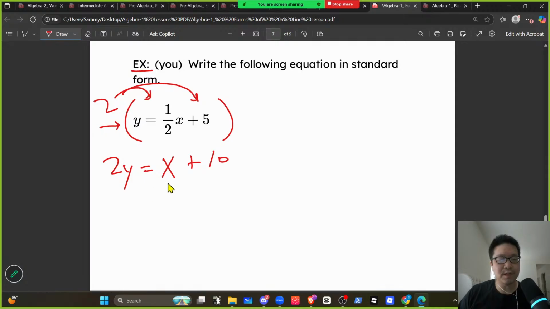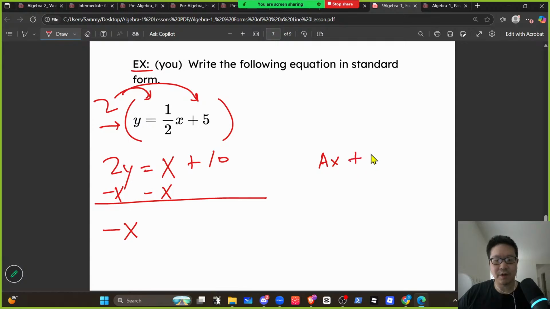Then I'm going to move this x to the left side by subtracting it from both sides, and I get negative x. Remember, the standard form wants the x first and the y second. So I want negative x plus 2y equals 10.